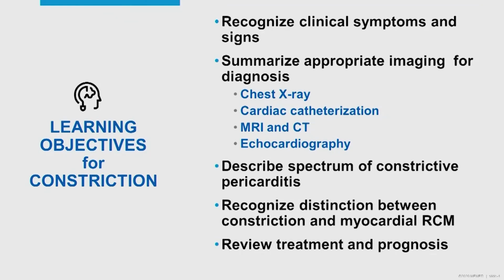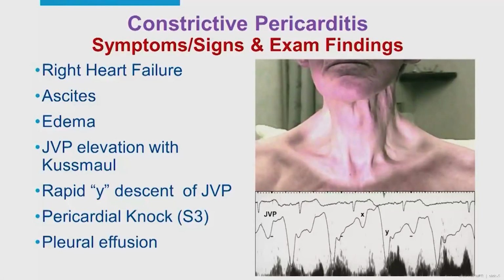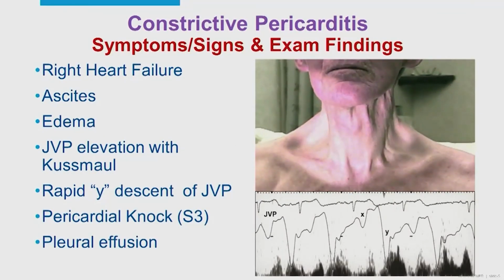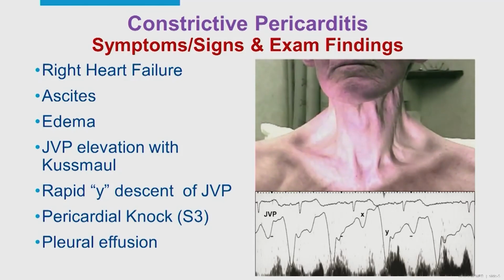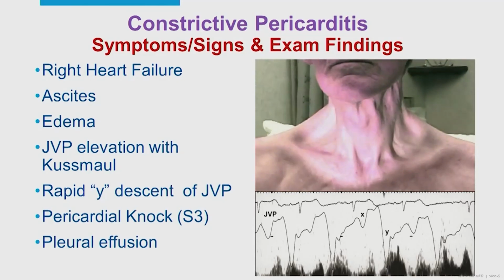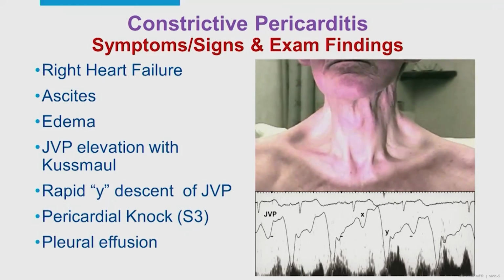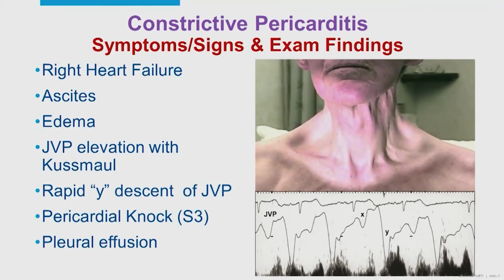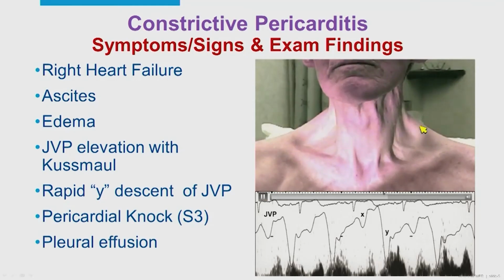this disease. So constrictive pericarditis is predominantly right heart failure, and in patients with constriction you will most likely see ascites and edema, and also elevated jugular venous pressure, as you see in this patient.